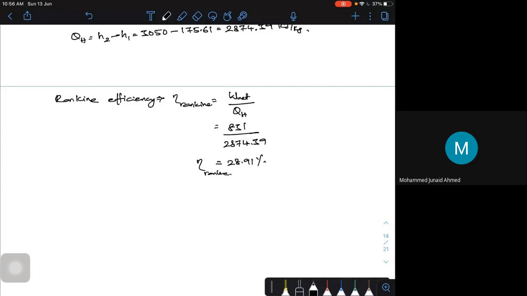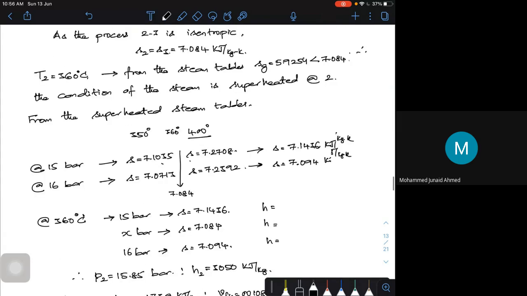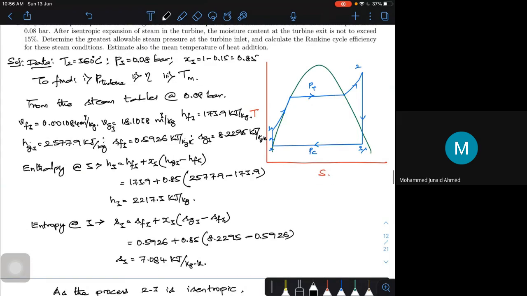Now the last thing we have to do: if I try to compress this into the same area, I think mean temperature of heat addition, you know that. If I try to execute a similar kind of process with the same area, I may be getting some kind of work like this.